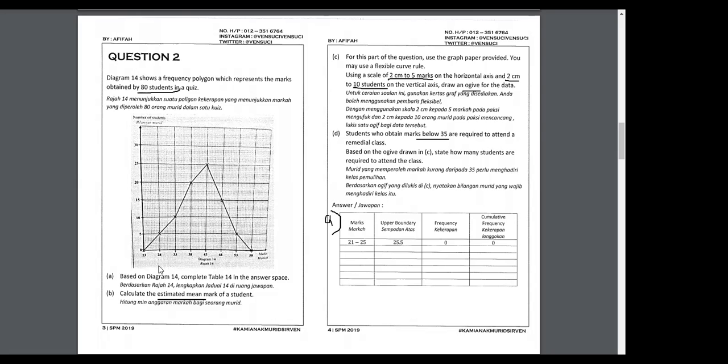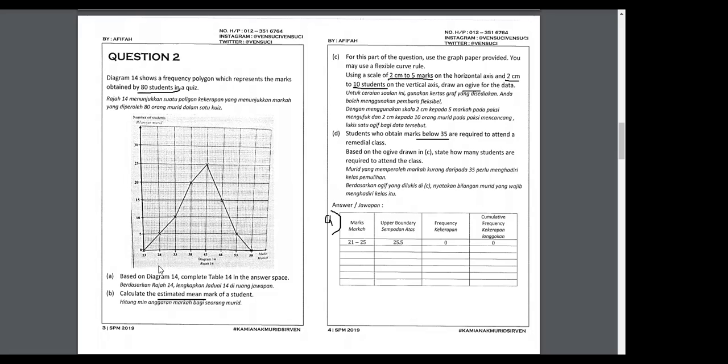Then you look at the cumulative frequency and get the answer. So it's 0, 5, 15, 35, 60, 75, 80, and then 80 as well.